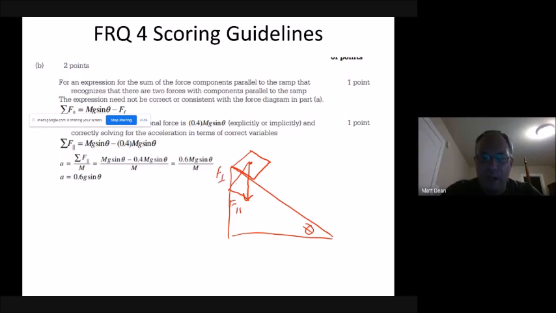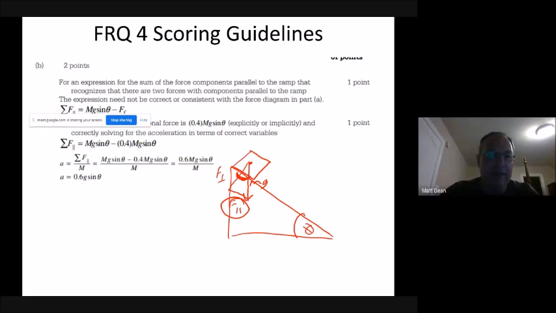Remembering that when we break a weight into its components on an incline like this, the angle of the incline is going to end up also being this angle right here. We know that this is mg. So what we're really concerned about here, the force that acts opposite of friction, is this parallel component of the weight.